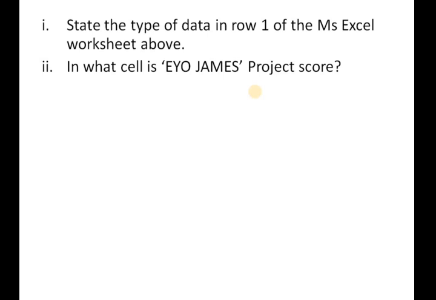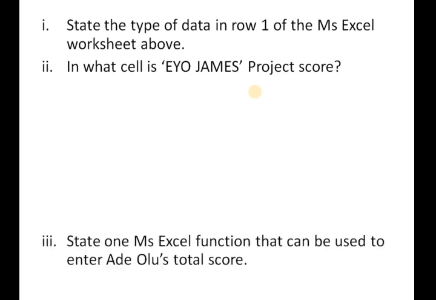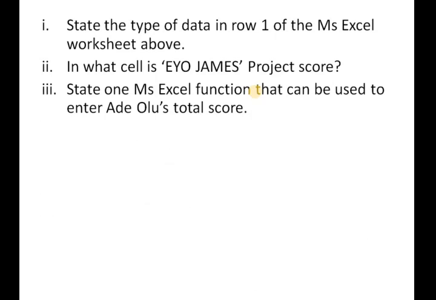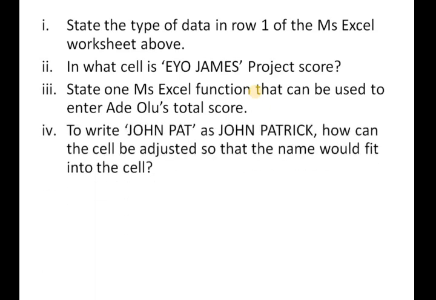Now state the type of data in row 1 of the MS Excel worksheet above. In what cell is Ayo James's project score? State one MS Excel function that can be used to enter Adeolu's total score. To write John Pat as John Patrick, how can the cell be adjusted so that the name would fit into the cell?